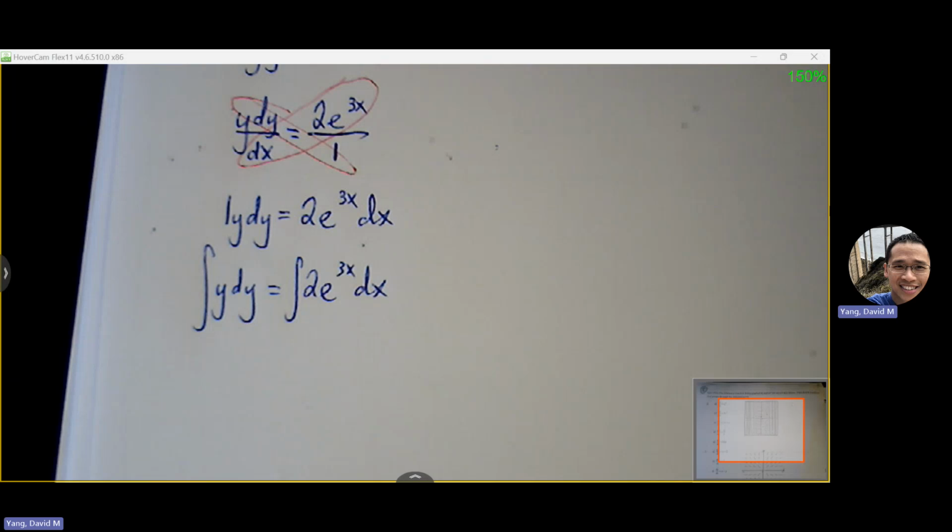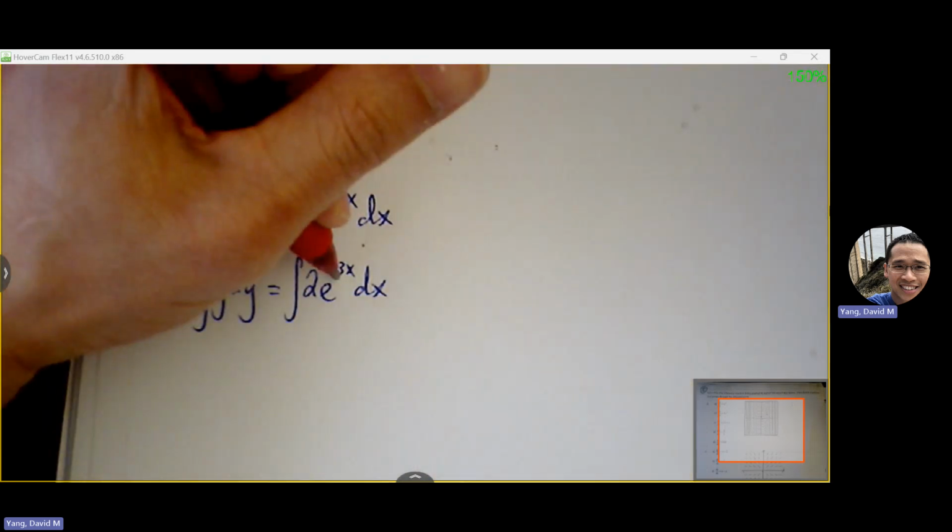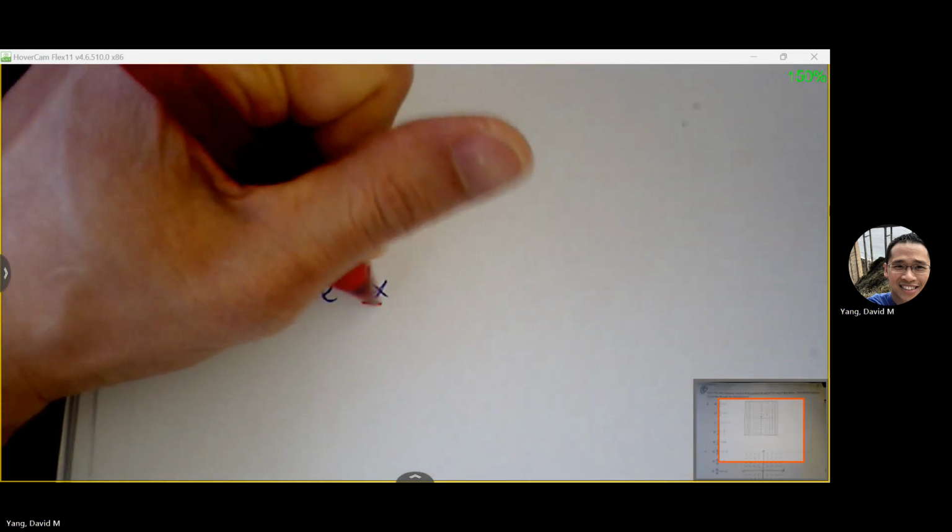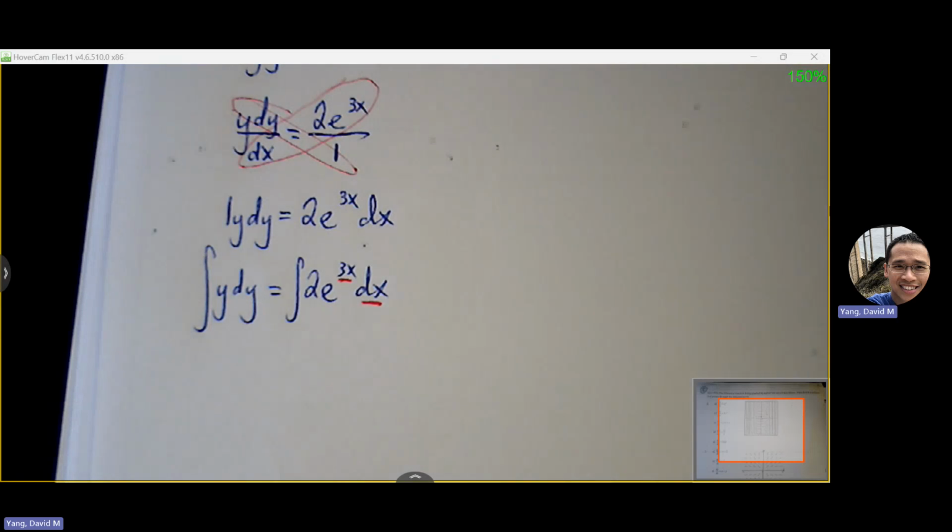What process do we have to go through? That's not just an x, right? That's a 3x, so we've got to go through what? U substitution, yeah. So it's like a problem within a problem here.